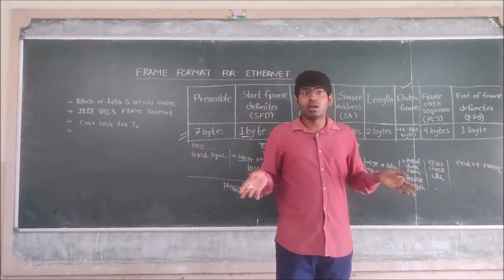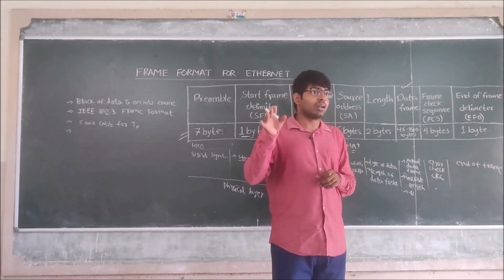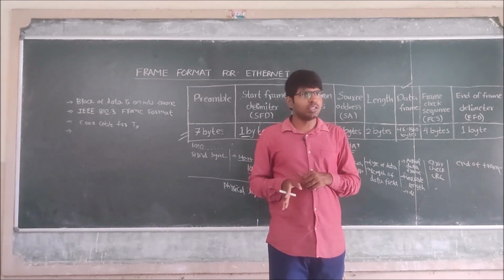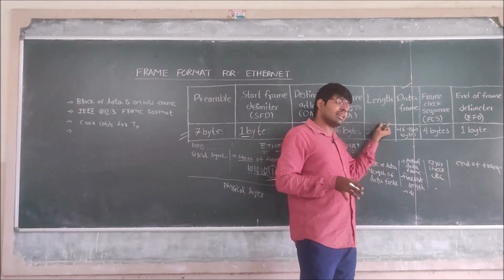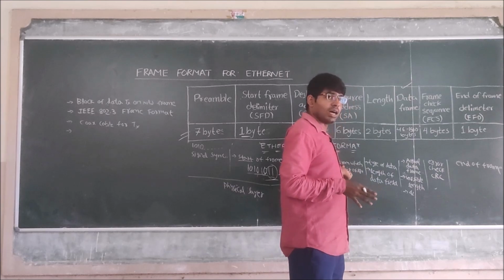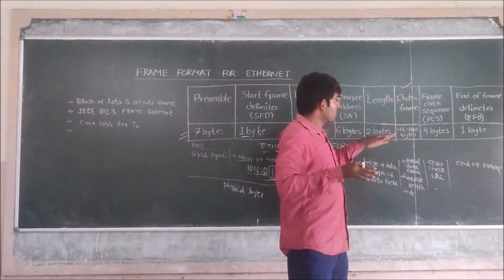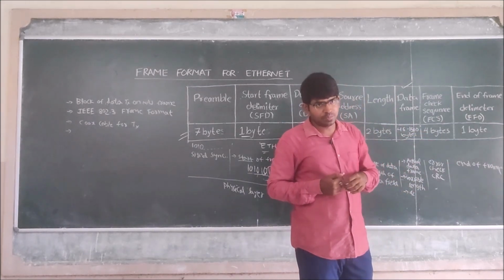If suddenly 50 or 100 or 1000 or 2000 members are coming, we have to make arrangements accordingly. Similarly here, whatever the length indicated, accordingly the network interface card will allocate the space. The data frame length will generally be 46 to 1500 bytes.